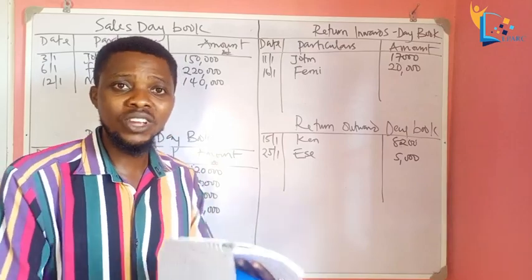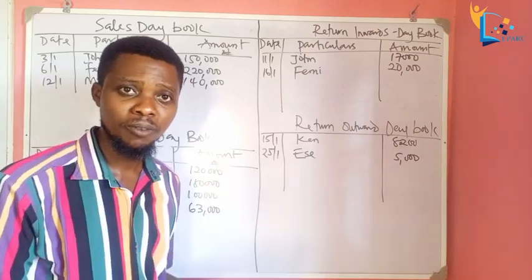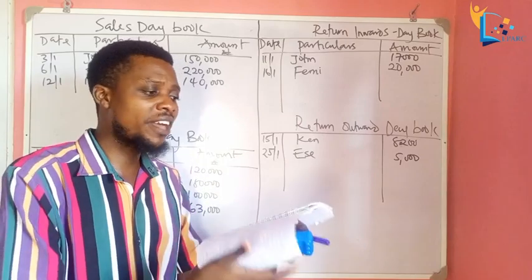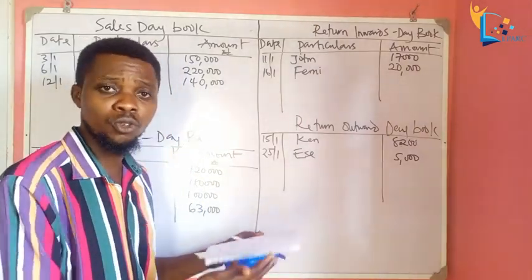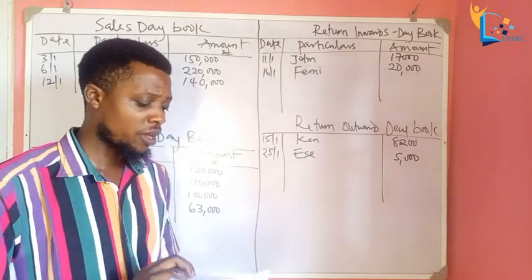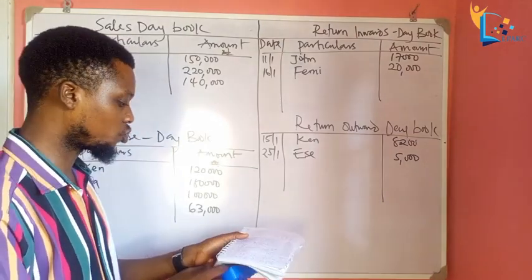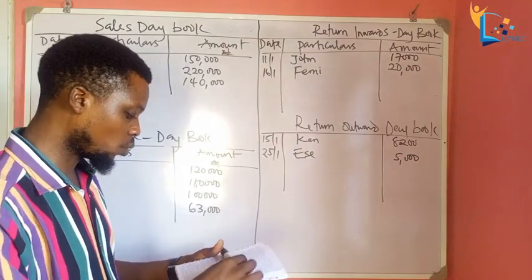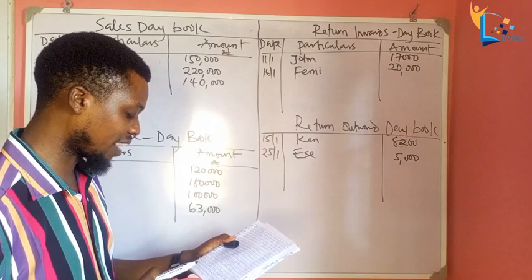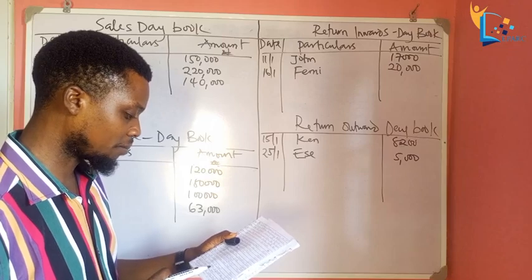You only withdraw what you can see. You only withdraw what you bought. You don't withdraw from what is invisible. So when you have stock of goods or goods you bought, you can only withdraw from it. So goods withdrawn for private use is treated in the journal, and this is how we treat it. It's chargeable: you credit purchases and debit drawings.